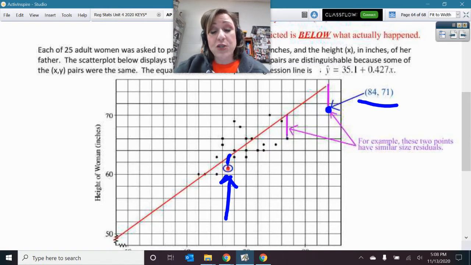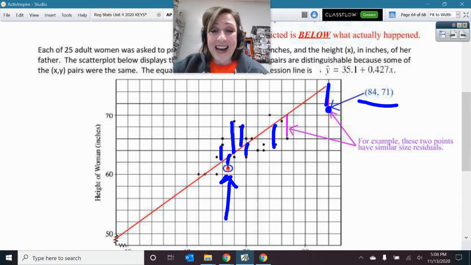Now, it has high leverage because it's far out in the x direction. But look, its residuals are really not that much different than a lot of these other residuals. Look, that one's even a higher residual. See? So these residuals are not too far off from the residual that 8471 is.